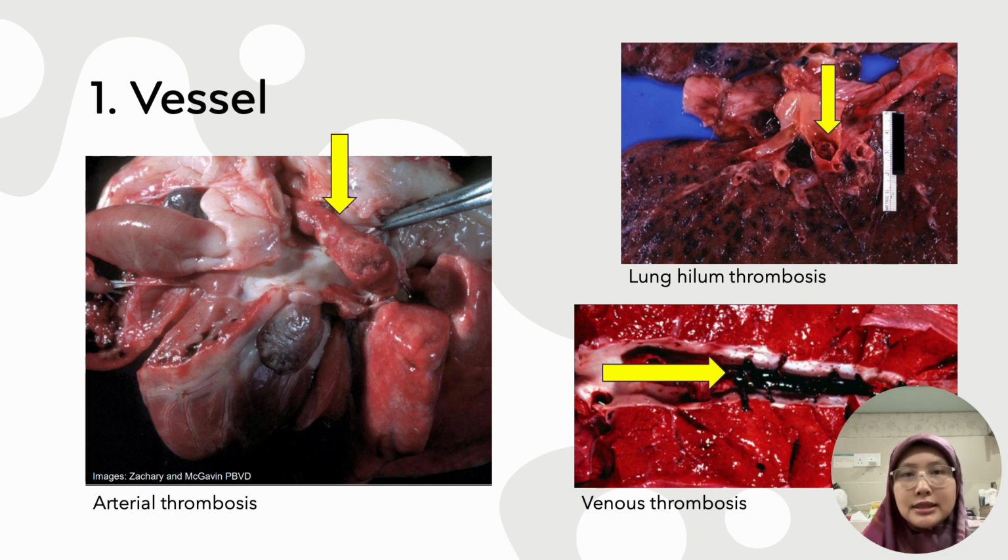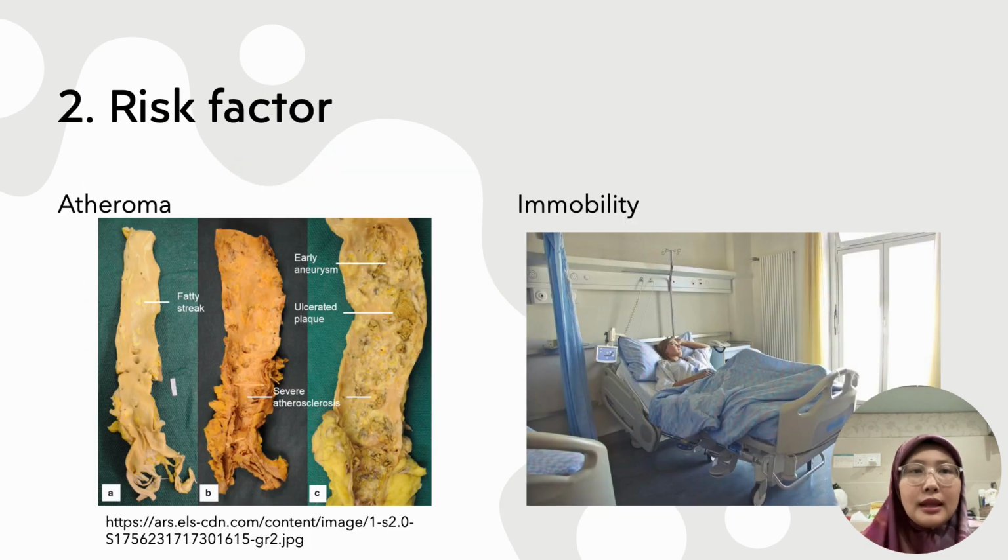You can see there are morphology differences between arterial thrombosis and venous thrombosis. We will talk about that later, and you can see this is the Lines of Zahn thrombosis. The second parameter is the risk factors. In arterial thrombosis, the risk factor is atheroma. You can see the different degrees of atherosclerosis.